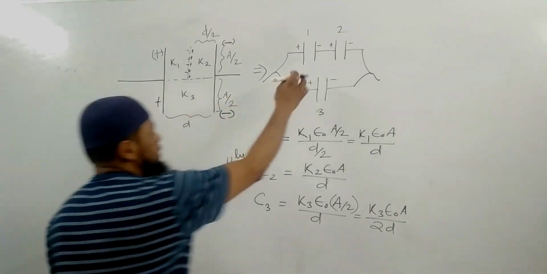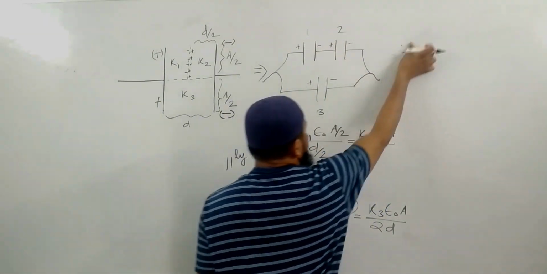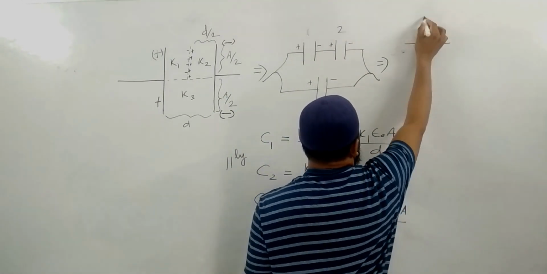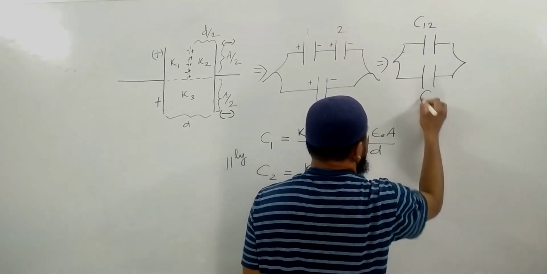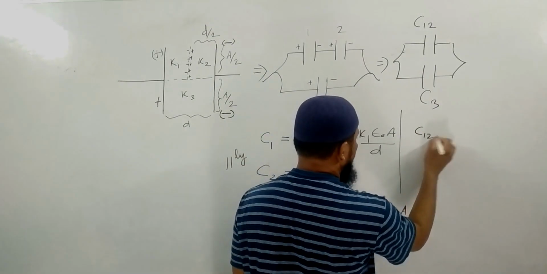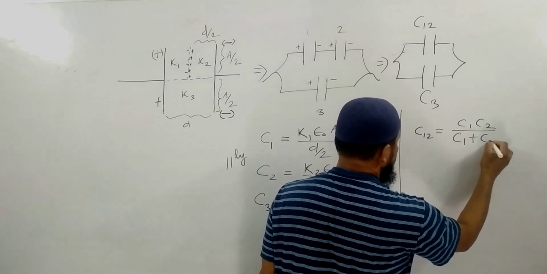Now 1 and 2 are connected in series. Therefore, the equivalent of 1 and 2, I'll call it C12, is in parallel with C3. So how much is C12? C12 is C1 into C2 divided by C1 plus C2.